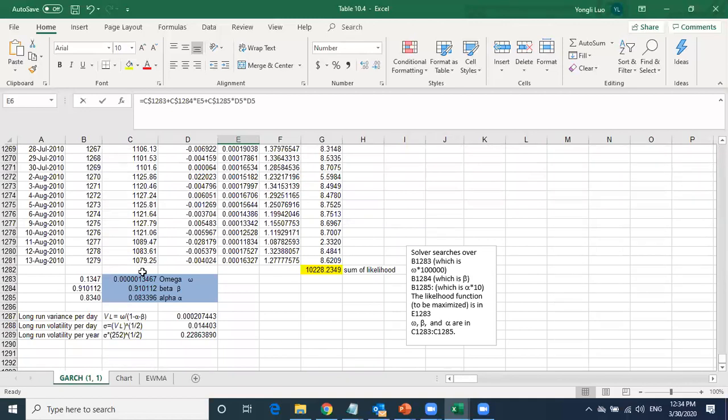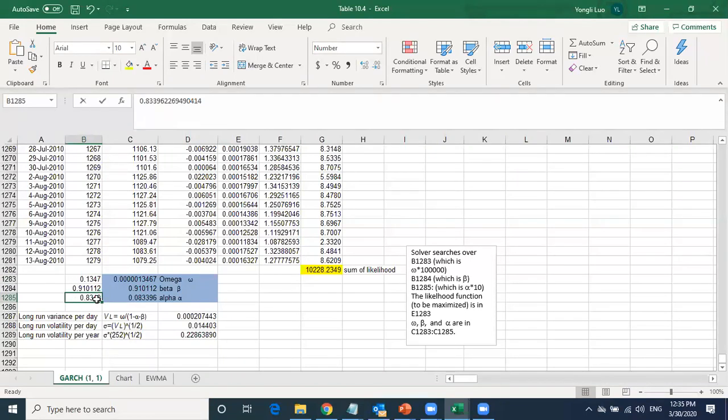This is the one we call omega, and that's a parameter. We estimate those three parameters: omega, beta, and alpha. You can type in whatever numbers you have, subject to the constraint that the weights sum to 1.